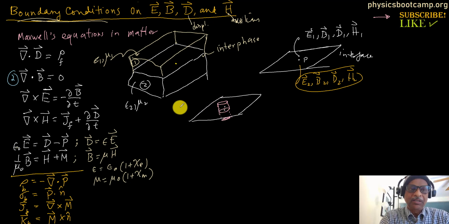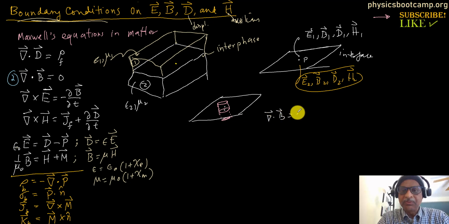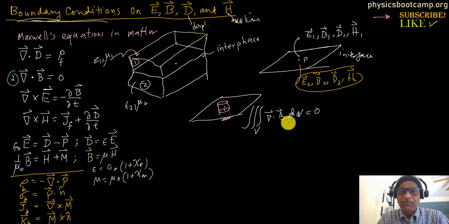Suppose in this pillbox, from del dot B equal to 0, if I integrate over the volume of this pillbox, it still will be 0. The left side is an integral of del dot B dV equal to 0, over the volume.